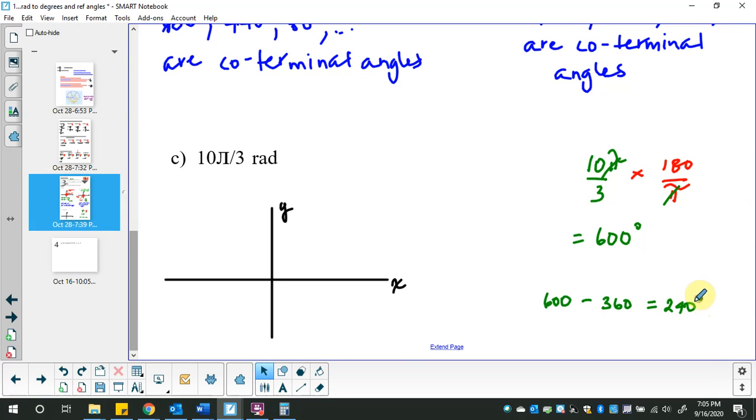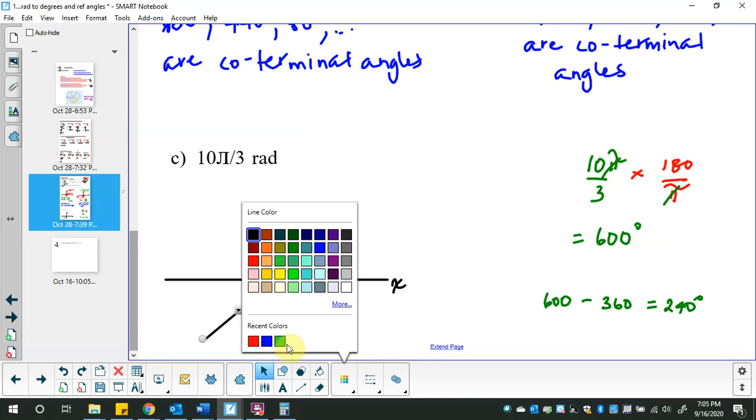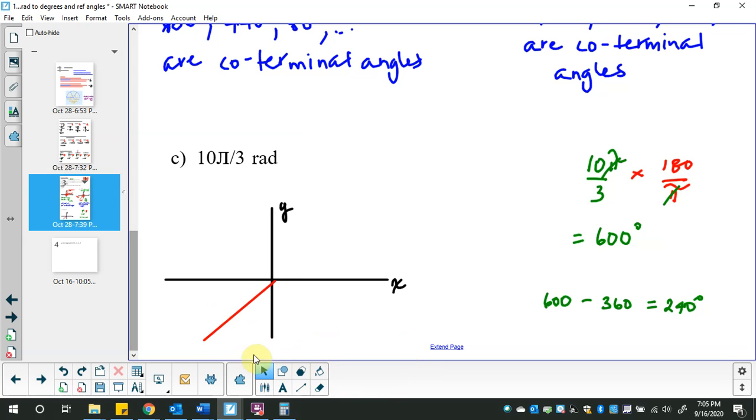And I know where 240 degrees is, and this is how exact you have to be, it's somewhere here. So not exact at all. So I've got that. If I'm doing my picture, I start at 0 degrees and I keep going around 360, and then I get to the 240 mark.